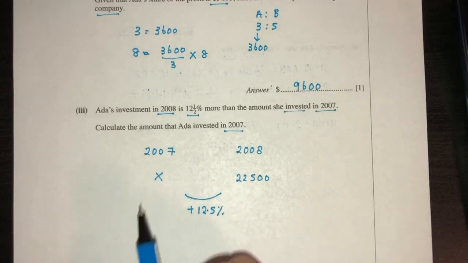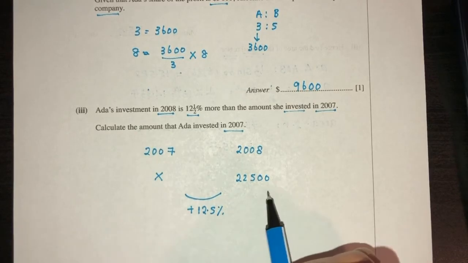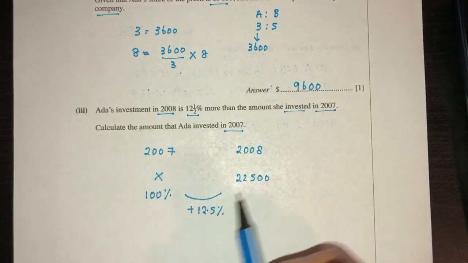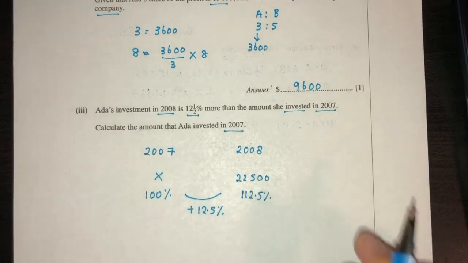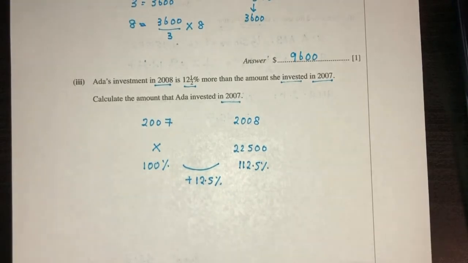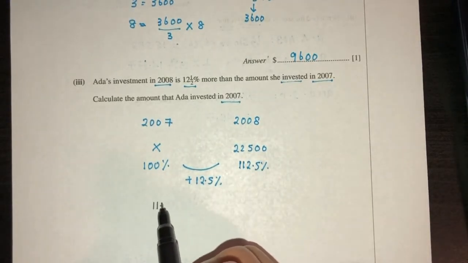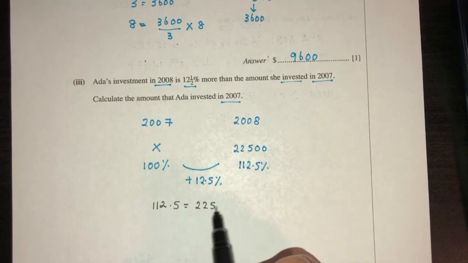So when you come to percentages, the initial amount is always 100%. So when you increase, it will become 112.5%. Now we just have to use ratios. So pretty easy as well. Now we know 112.5 is equal to 22,500.